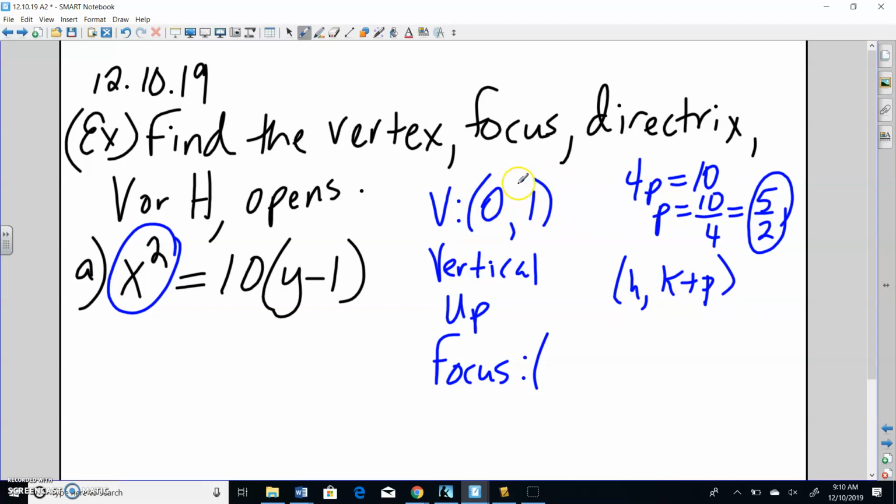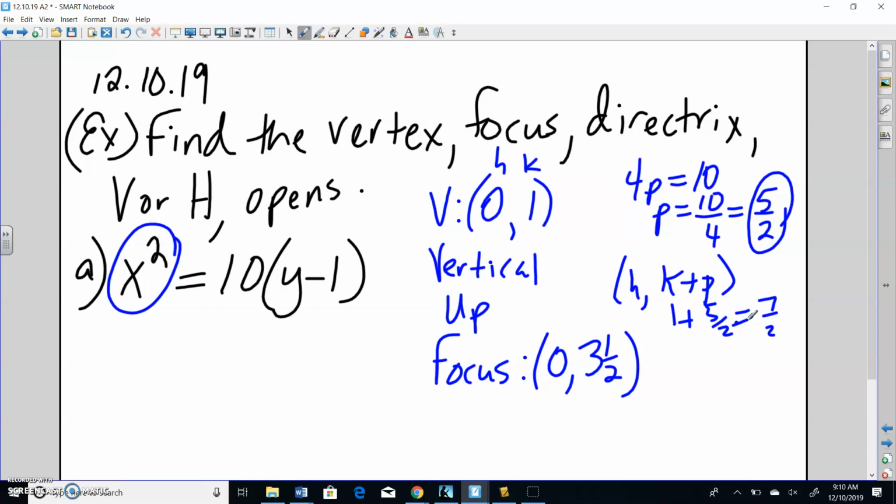That's H, that's K. So H is 0, so H doesn't change, it's just H. And then to figure the Y coordinate, we take K plus P. K is 1, P is 5/2. 1 plus 5/2 is 7/2 or 3.5. So we can go ahead and put 3.5. There's your focus. So again, here's K. So H is 0. K is 1. So we took 1 plus 5/2 to give us 7/2, which is 3.5. Is that okay?